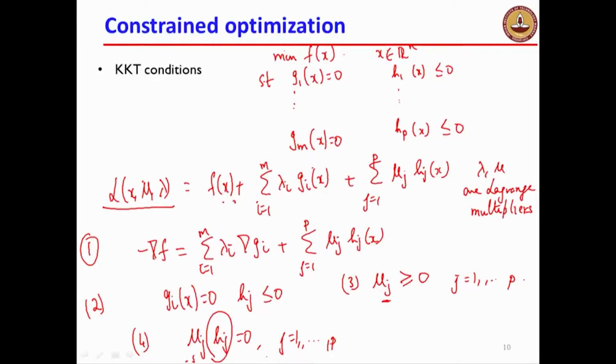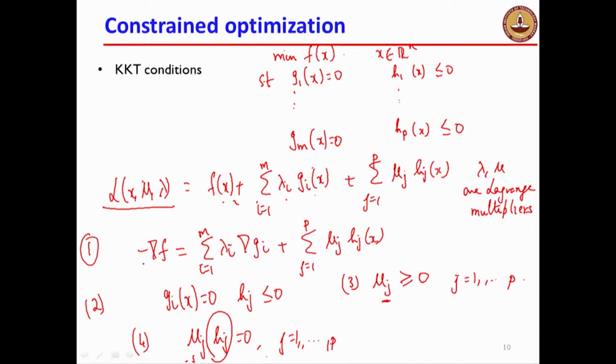So, what do we know about constrained optimization? It is not enough to set the gradient equal to 0. You need to define the Lagrangian, which is equal to f plus the summation of lambda times g, where lambdas are the Lagrange multipliers corresponding to the equality constraints, plus the summation of mu times h, where mus are the Lagrange multipliers corresponding to the inequality constraints.